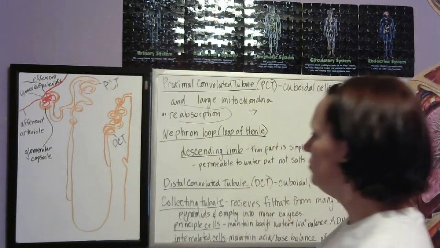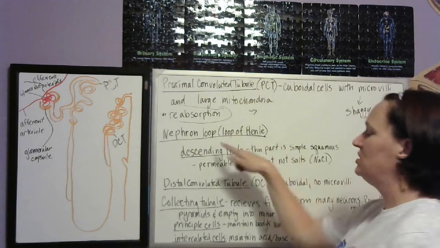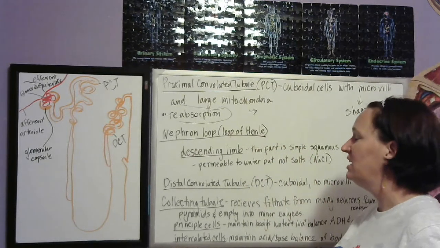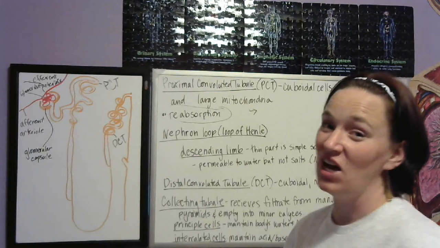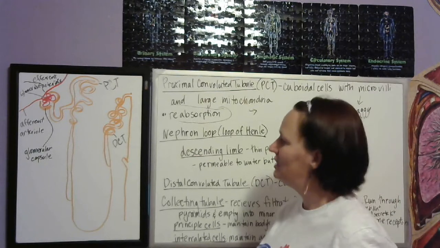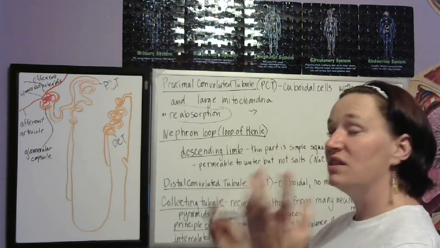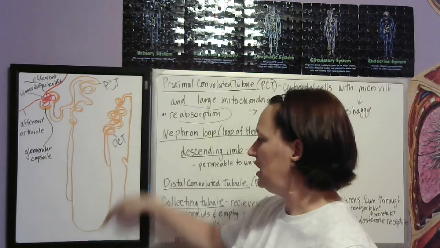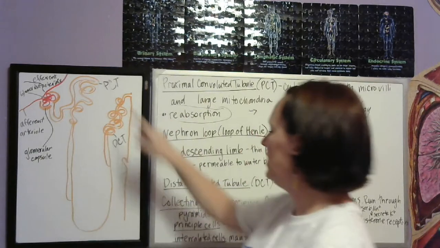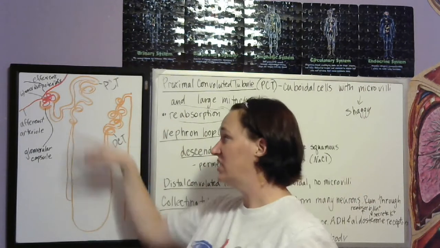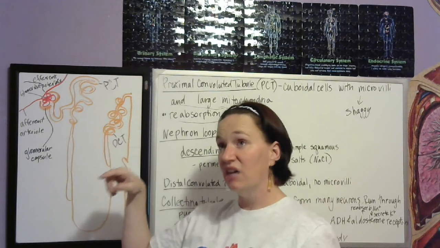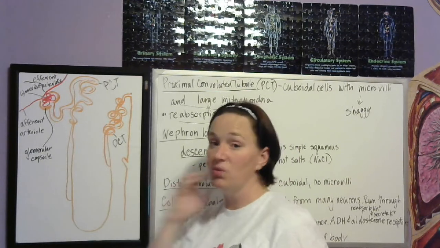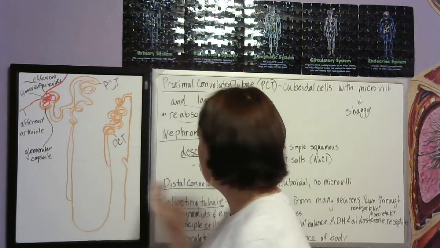Then we have the nephron loop. This used to be called the loop of Henle, after the scientist that named it, but now we're trying to make it simpler for anatomy students. It's the same thing, this big loop here. Like I said, some of them don't dip down very far and stay in the cortex of the kidney, and some go all the way to the bottom of the pyramid.